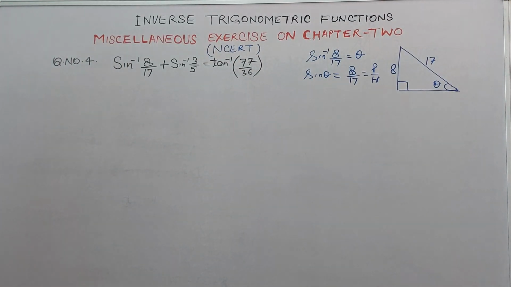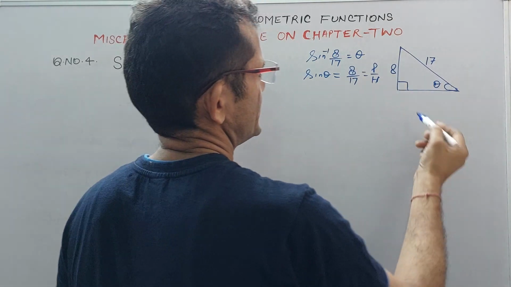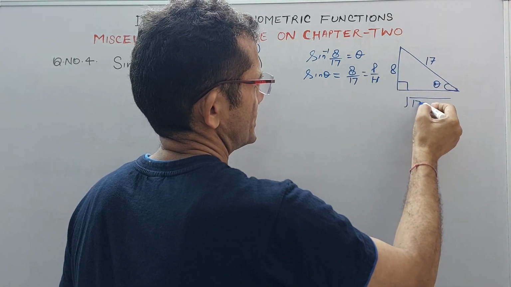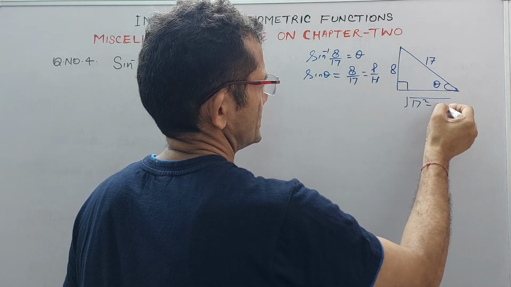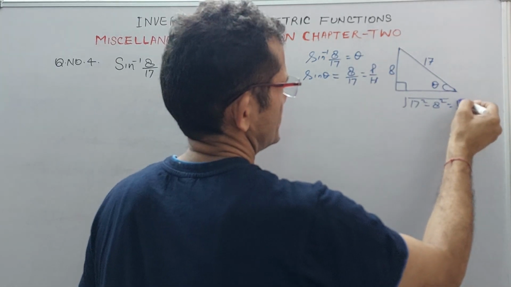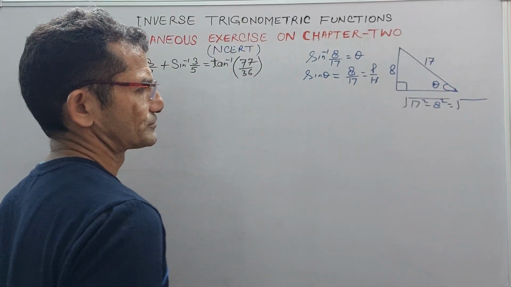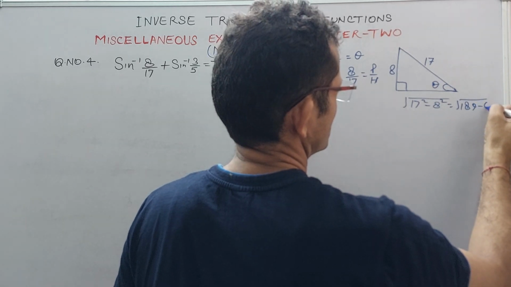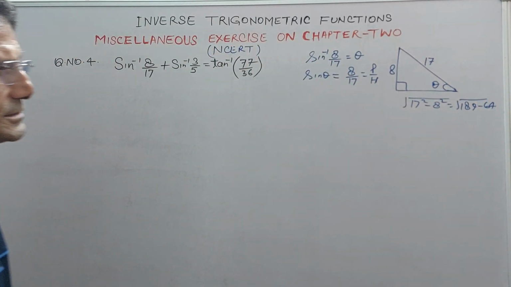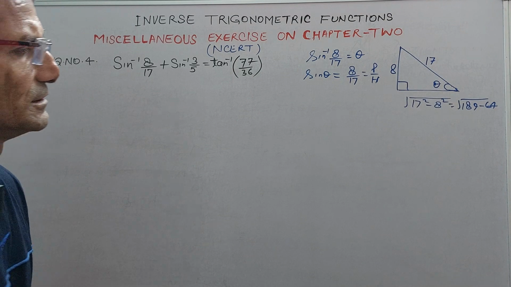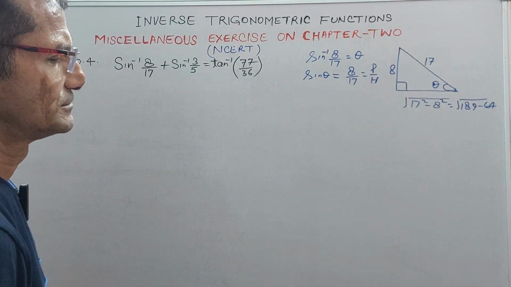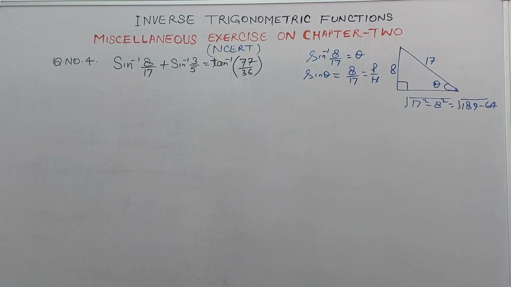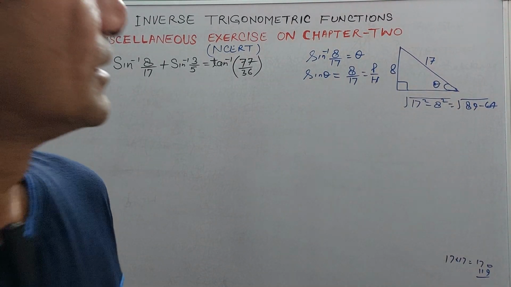Now using Pythagoras, the base will be the square root of square of 17 minus square of 8.